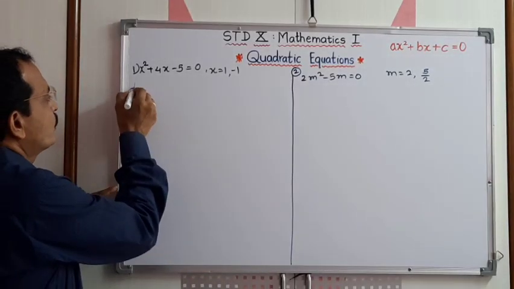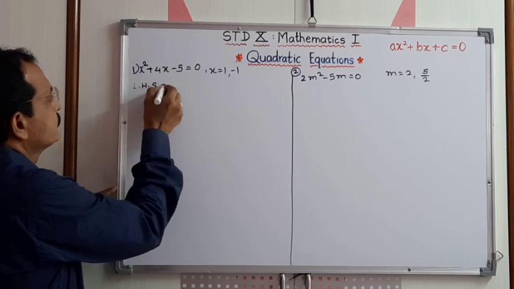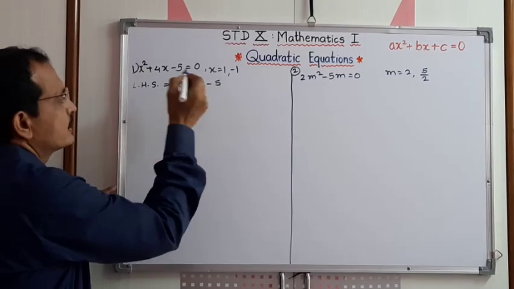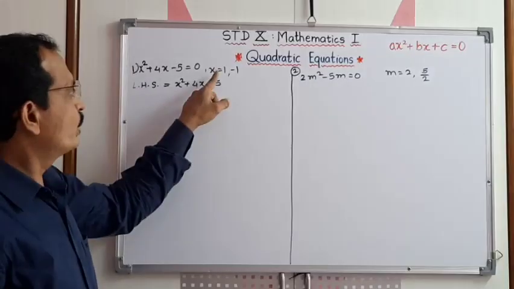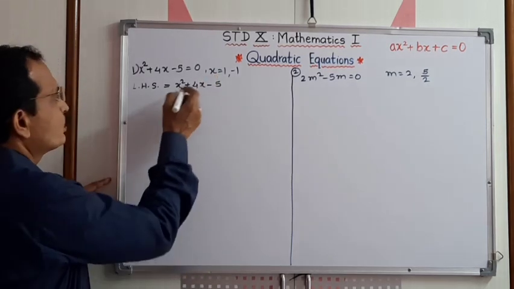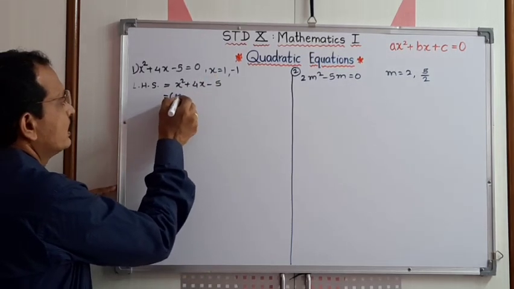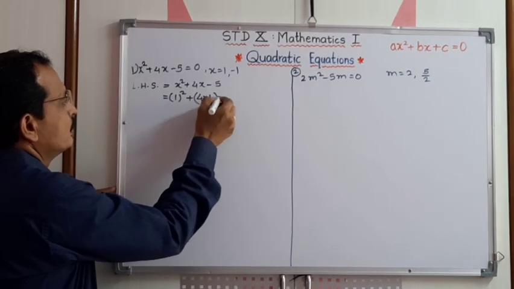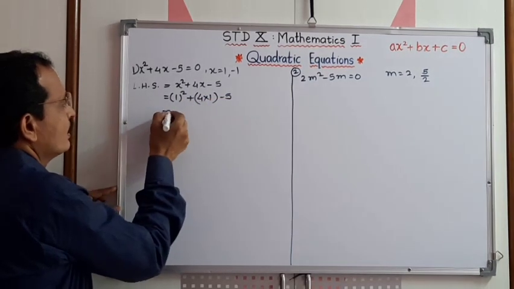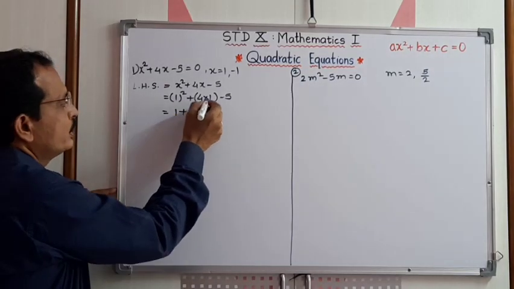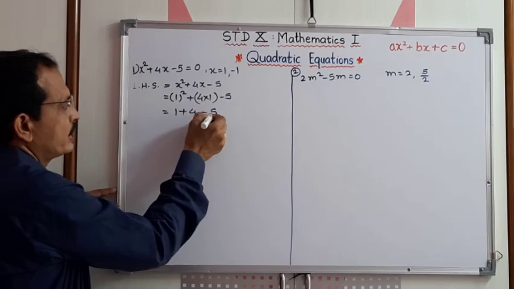Therefore, first of all, we have to write LHS, x square plus 4x minus 5. We have to find out for x is equal to 1 first. Therefore, we have to put x is equal to 1, that is 1 square plus 4 into 1 minus 5. Square of 1 is 1 plus 4 into 1, that is 4 minus 5.